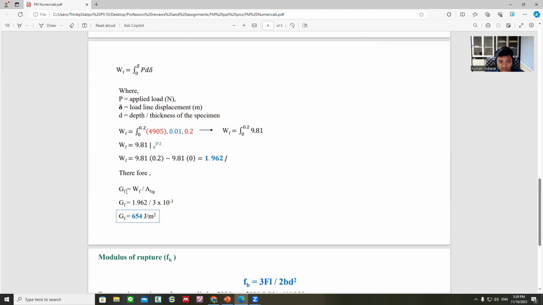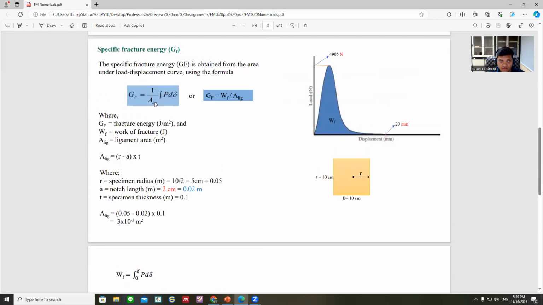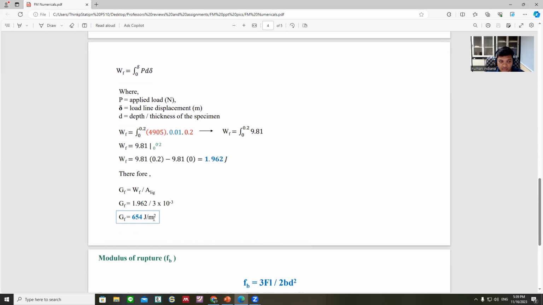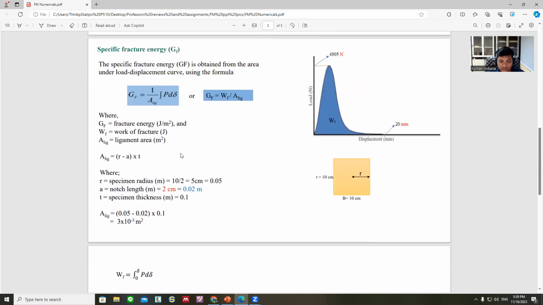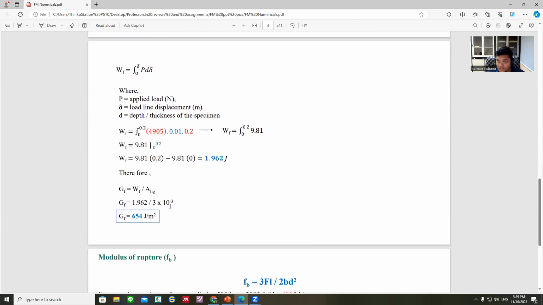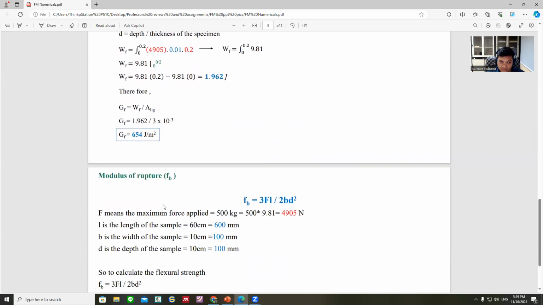Therefore, GF is equal to WF divided by ALIG. This value we have, ALIG also we have, just calculate that. And this is the fracture energy of the particular specimen in joule per meter square. So this is the unit of the fracture energy.